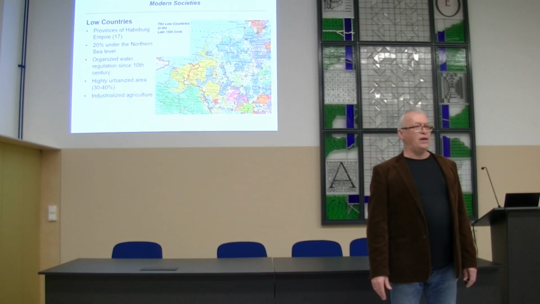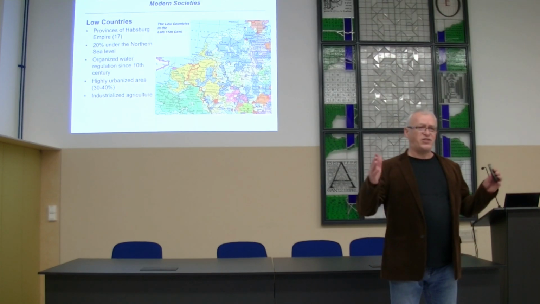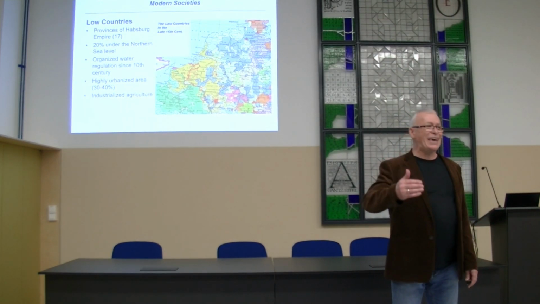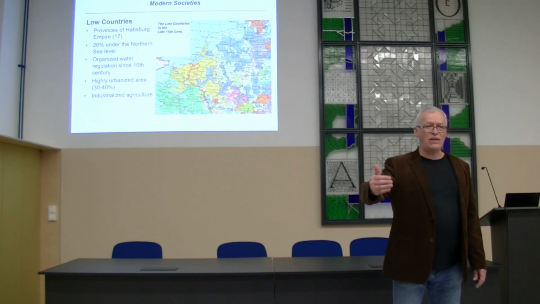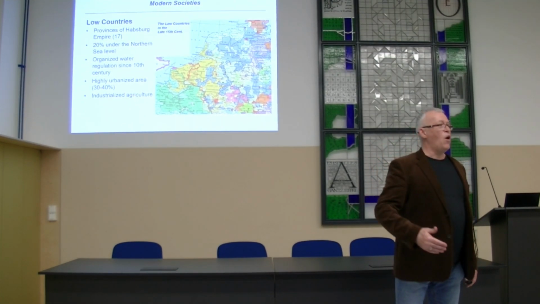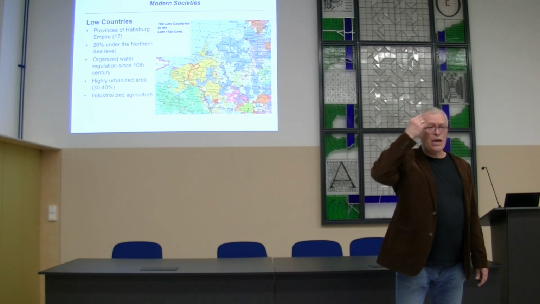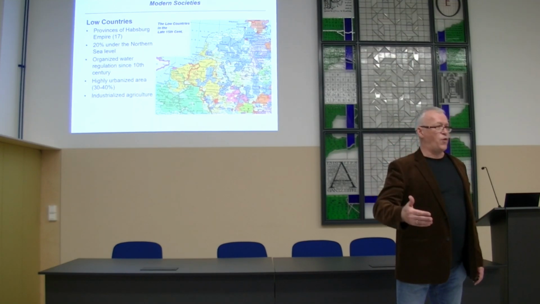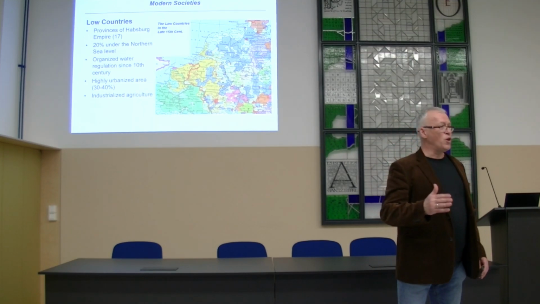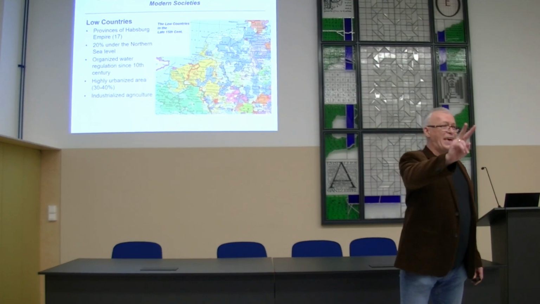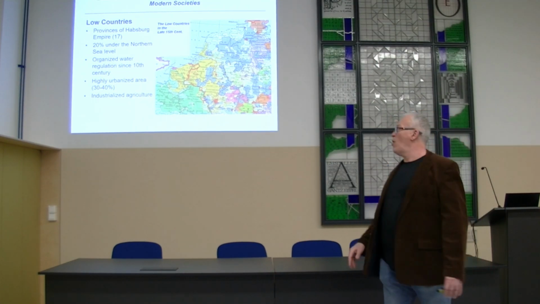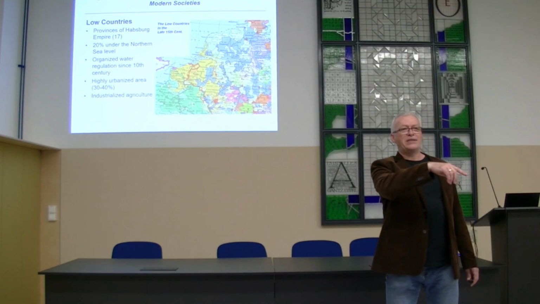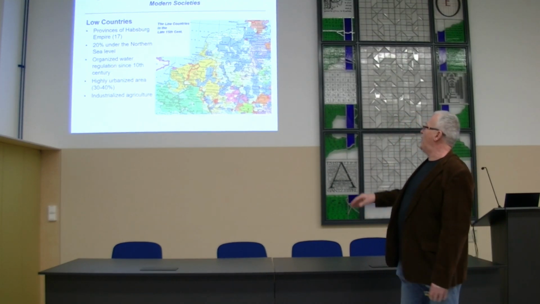Because the secret of the Dutch is the great added value, for example breeding of seeds, tulips, flowers. Unbelievable. A small country, half the size of Hungary, the second agrarian producer of the whole earth.